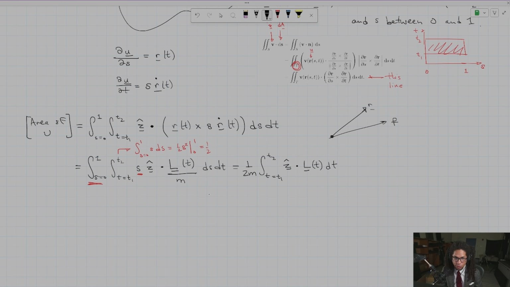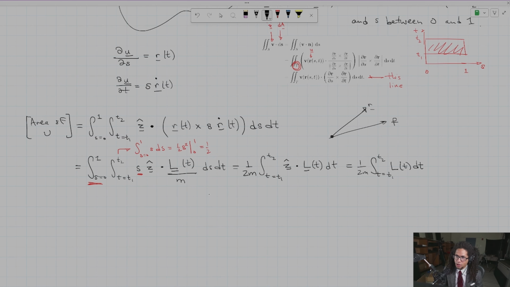Since they're both in the xy plane, L must come out of the plane. So this is actually equal to 1 over 2m times the integral from t1 to t2 of just the magnitude of L dt. Good.